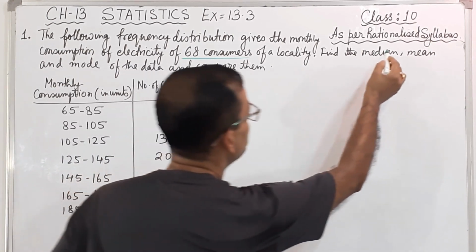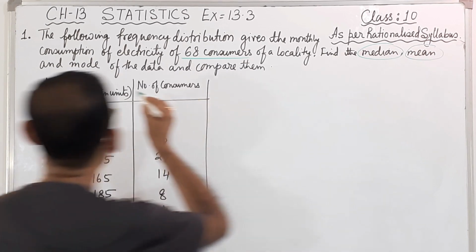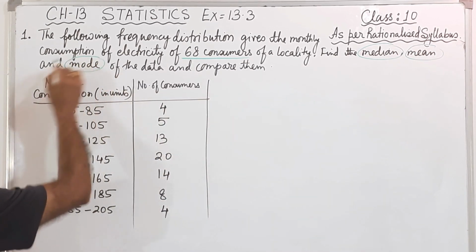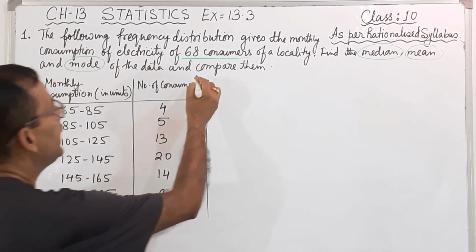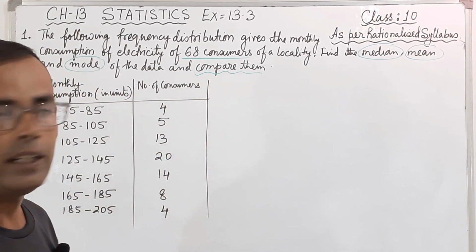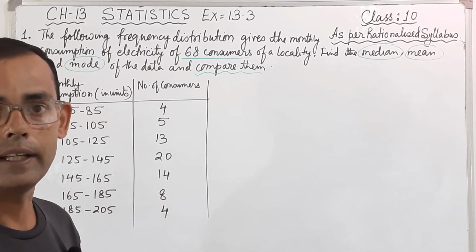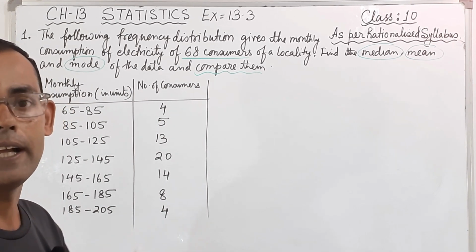So find the median, that means you have to find out median, then mean and mode. Three things only you have to find out, and after that you have to compare them. So first we will find out median, then mean, then mode, and at last we will compare them. Okay, all the three, mean, median and mode.